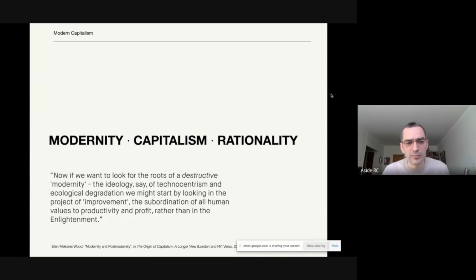So what Ellen Meiksins Wood is telling us here is that perhaps this equation, modernity equals capital equals rationality, is not entirely true, and that there are values in the Enlightenment and in rationality that are not paired in modern capitalism, for instance, or that are even opposed.